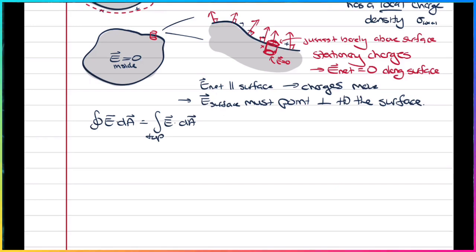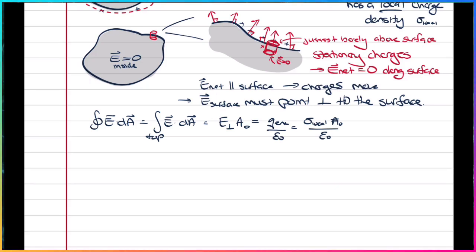which in this case is E perpendicular times A, where A is the area of the cylinder top. And by Gauss's law, that must be Q enclosed over epsilon naught. The Q enclosed is going to be the local charge density sigma times A, divided by epsilon naught.